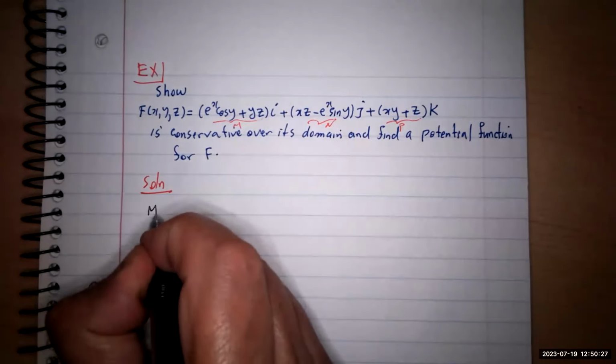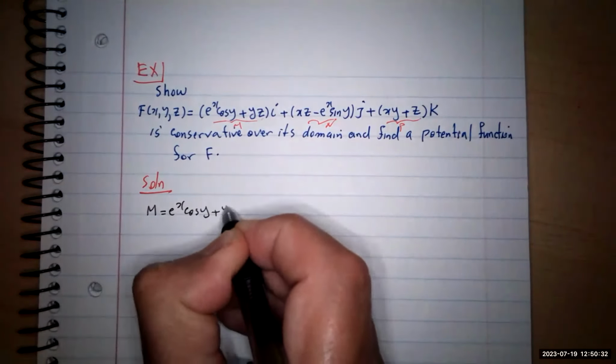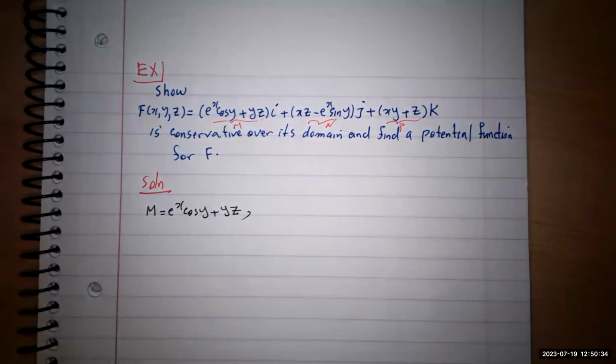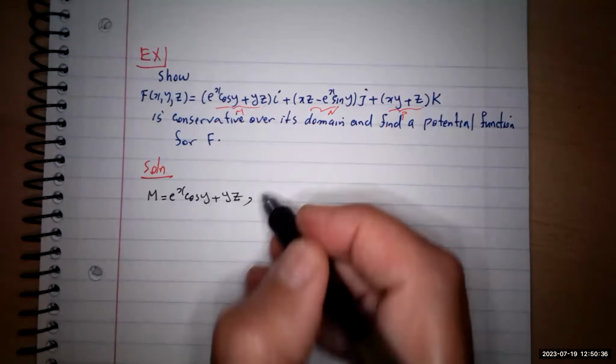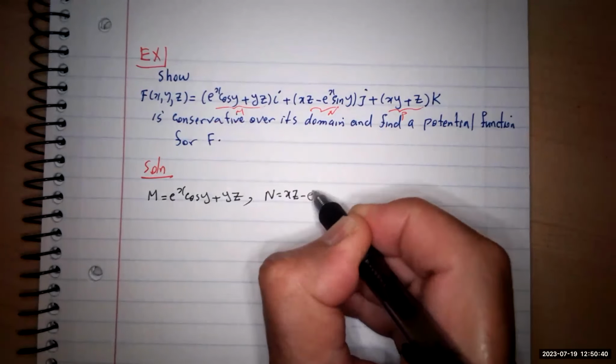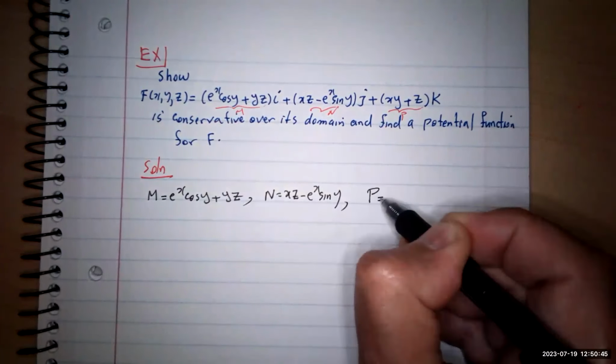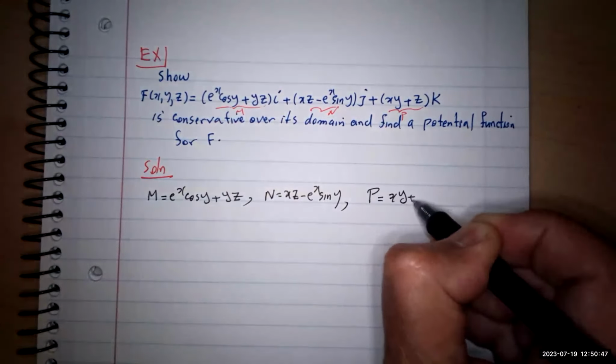Your M function is e to the x cosine of y plus yz. The N function is xz minus e to the x sine of y. And your P function is xy plus z.